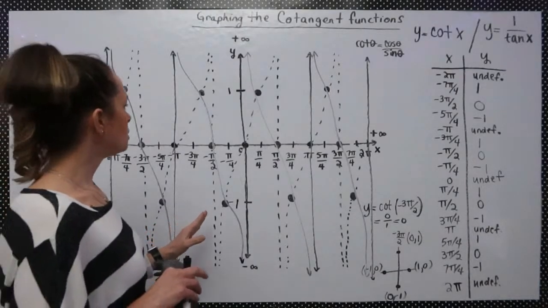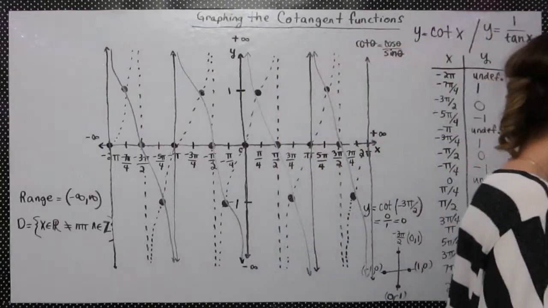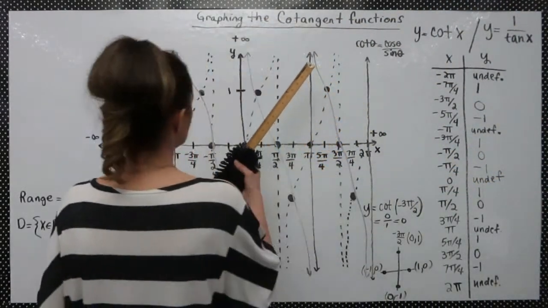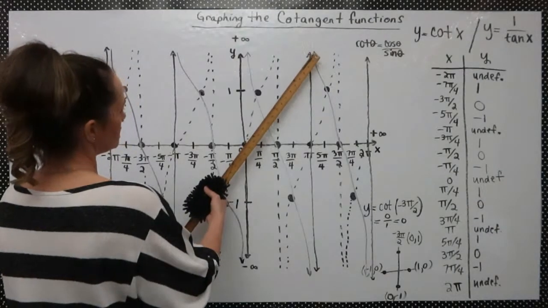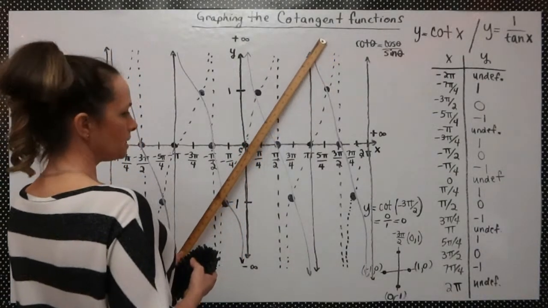You can also see that symmetry, and I'll get my ruler out real quick and show you that symmetry about the identity function line as well. And we'll see that again at the end.